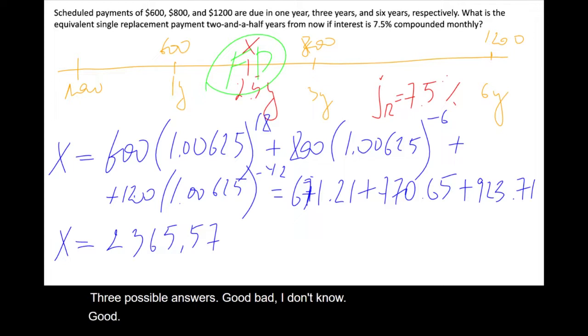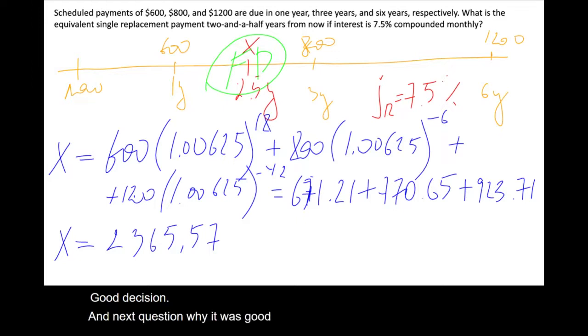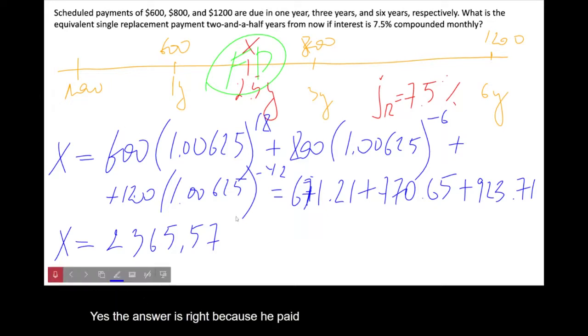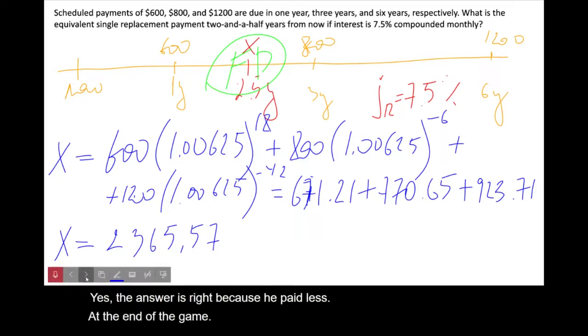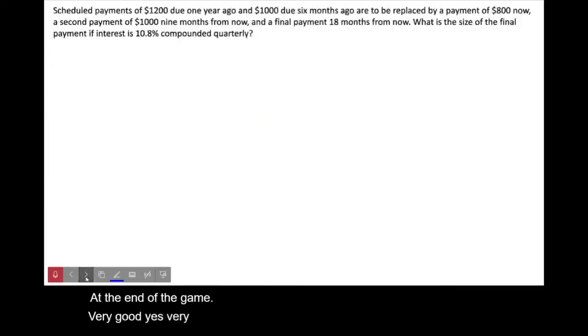Good, good decision. And next question, why was it a good decision? Yes. The answer is right because he paid less at the end of the game. Very good, guys. Very good.